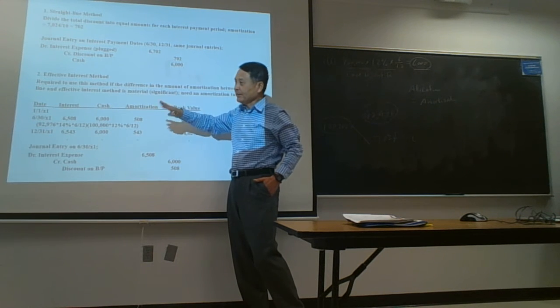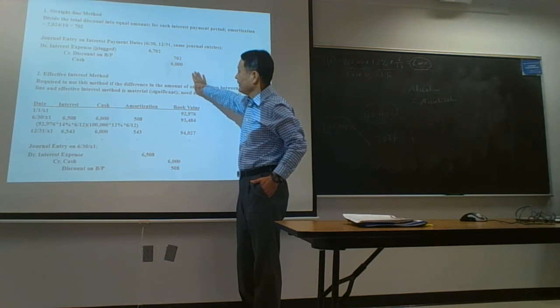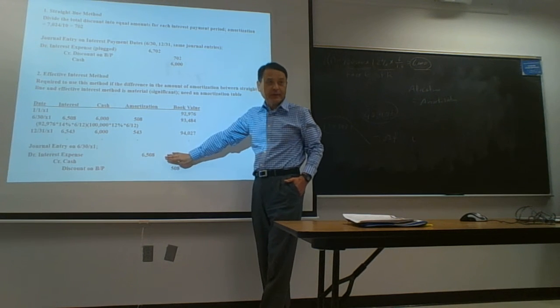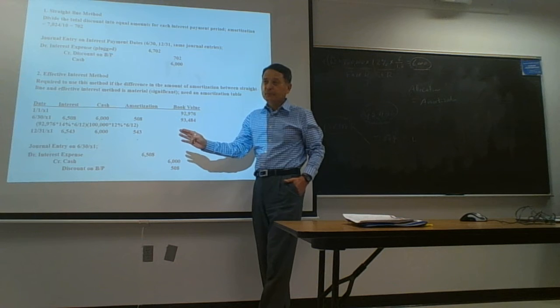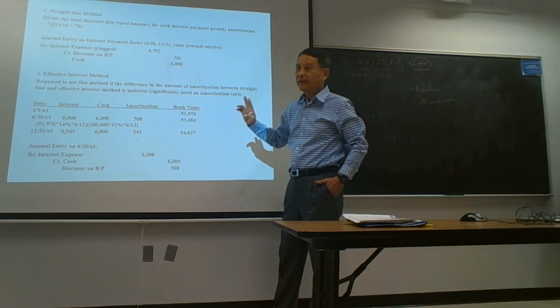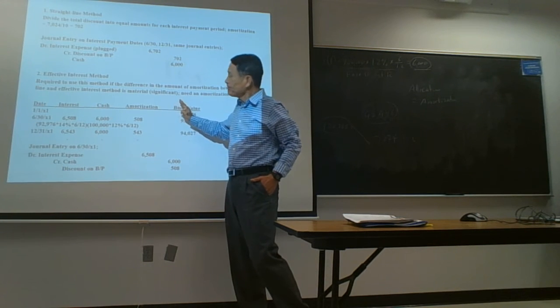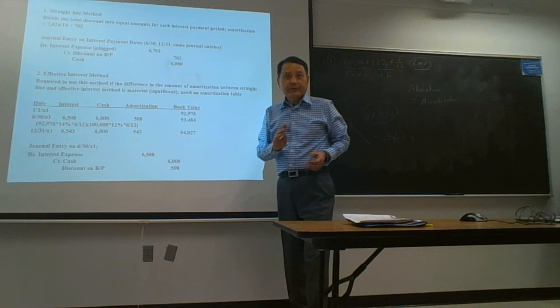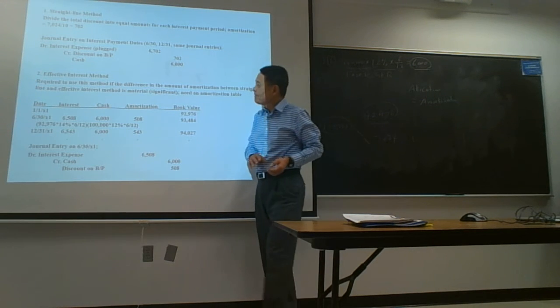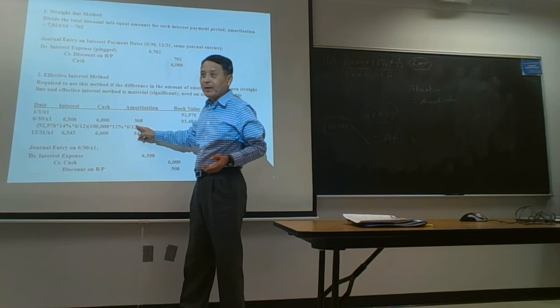But as an accountant, you need to know both straight line and effective interest methods. But in actual practice, we had better use the effective interest method. It is always safe to use effective interest. So you should be able to set up a table like this for the effective interest method.